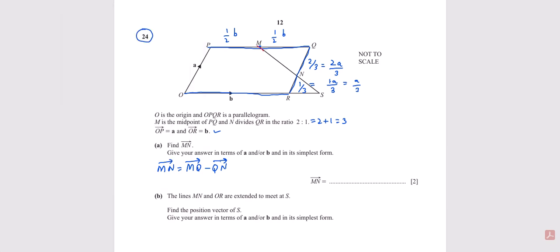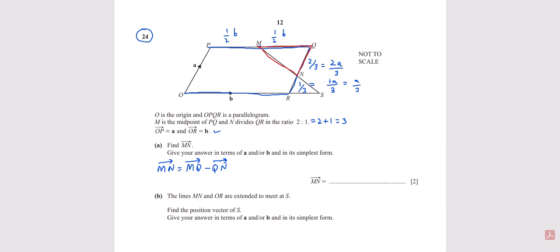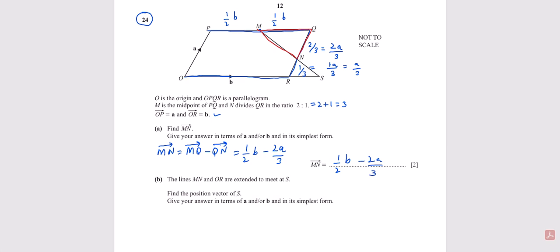So MQ is 1 by 2 B minus QN, which is 2A over 3. This is our final answer: 1 over 2 B minus 2A over 3.